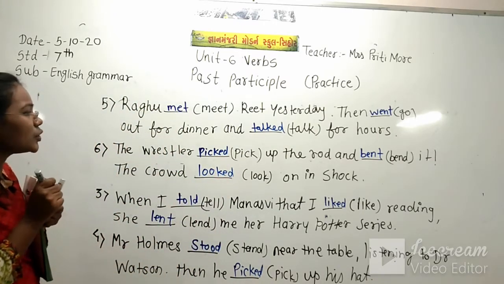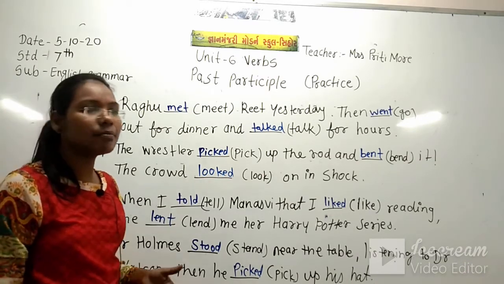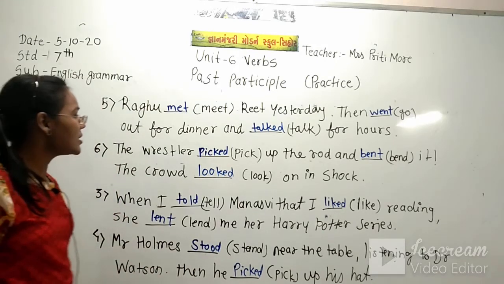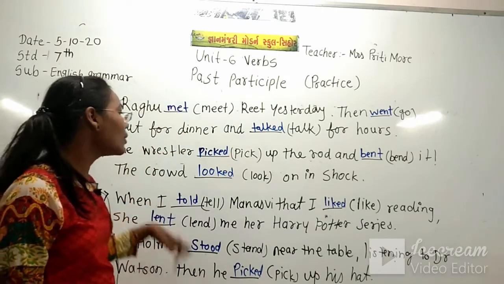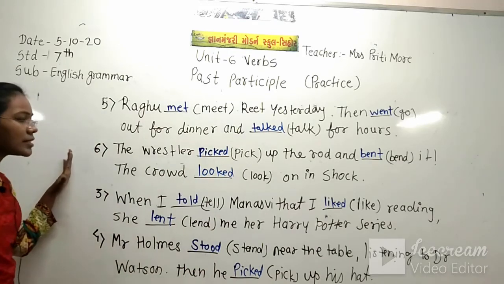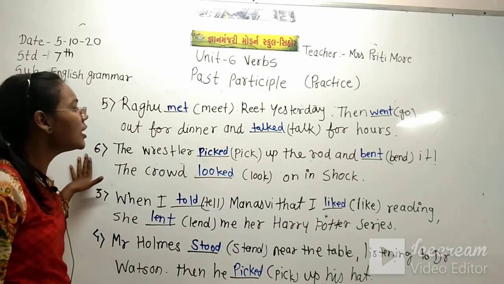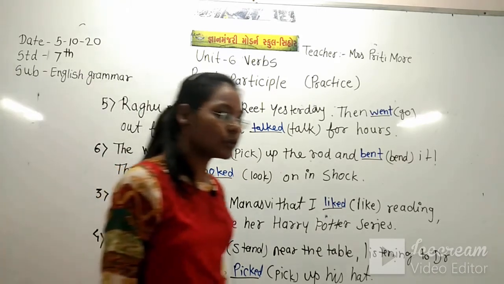So here we use the past form of all the verbs which were given in the bracket. So this sixth sentence I read, the wrestler picked up the rod and bent it. The crowd looked on in shock. So here we have just completed all the 6 sentences by using the past form of the given verb. So you just note down this all in your notebook.